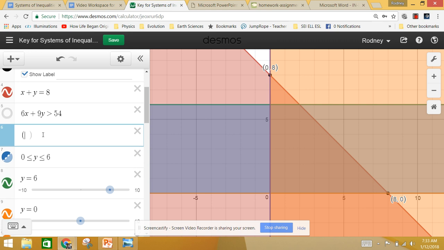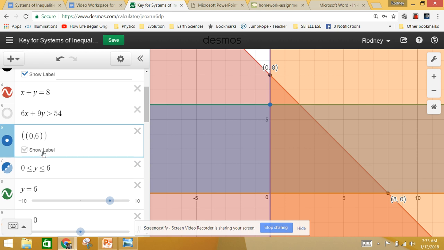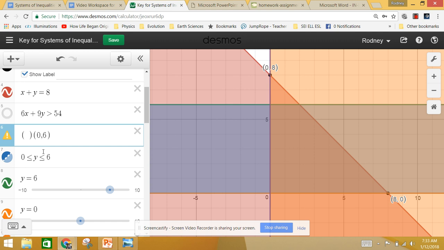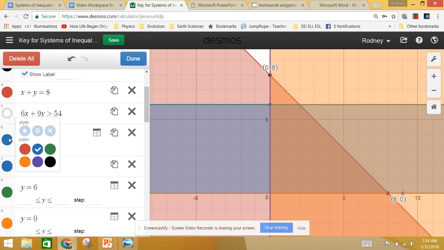So if X is 0, I have a Y intercept at 6. And then I also need to imagine if Y is 0, that'll be my X-intercept. If Y is 0, then I've got 6X equals 54. So I'm going to have an X-intercept at 9, 0. Now, of course, these are holes because this is not an or equal to inequality.